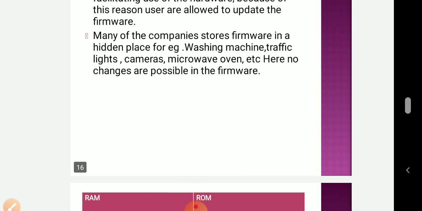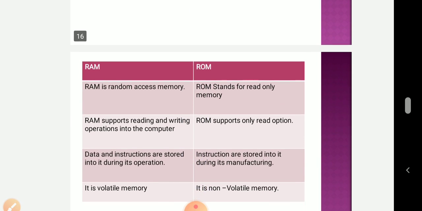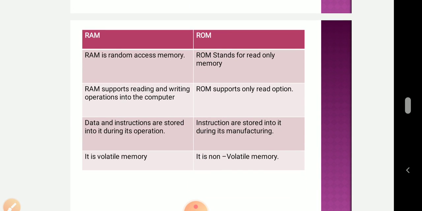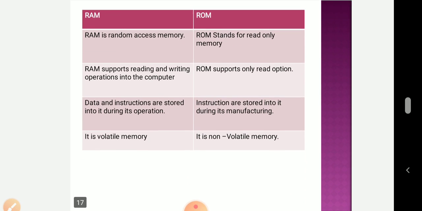Now we move to our next topic, the difference between RAM and ROM. The full form of RAM is random access memory, and ROM stands for read only memory.